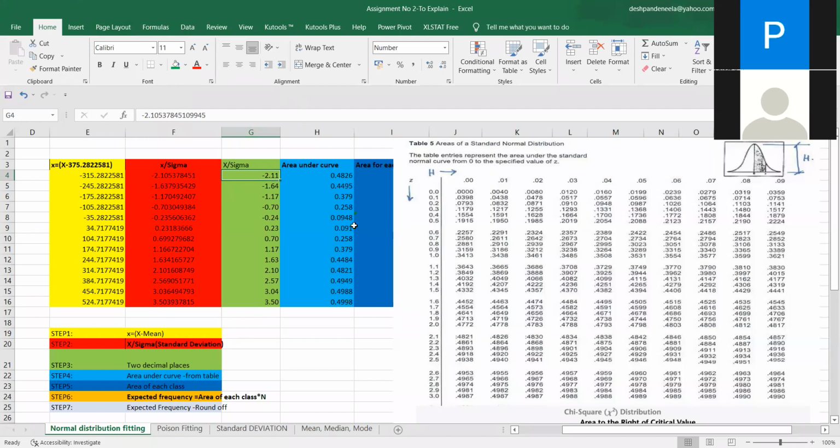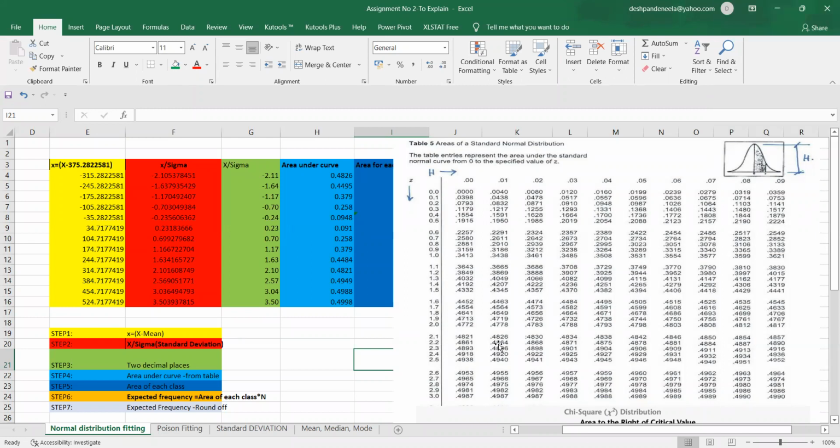Anyway, you can see here it is 2.1, and it is 2.11. So 2.11 is made from 2.1 and 0.01. If you go here now, 0.01 from here and 2.1 from here. So what is the value?